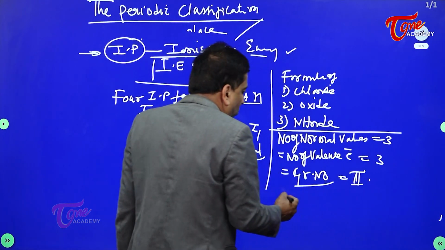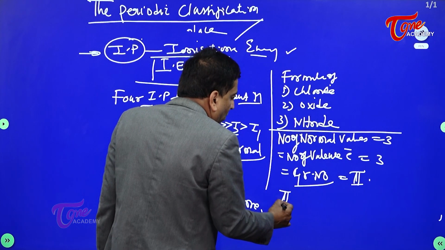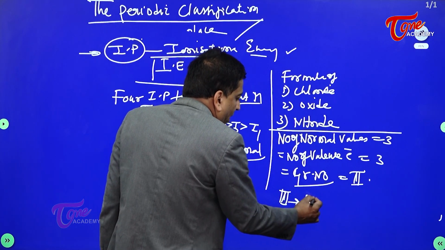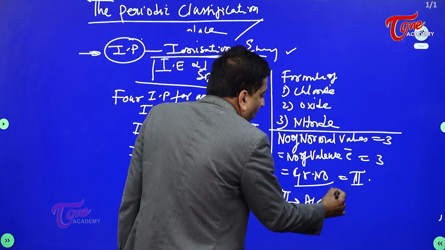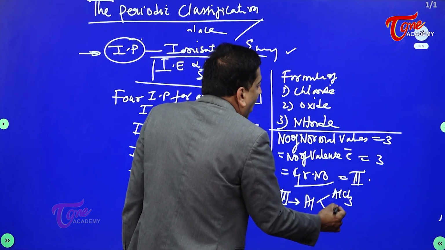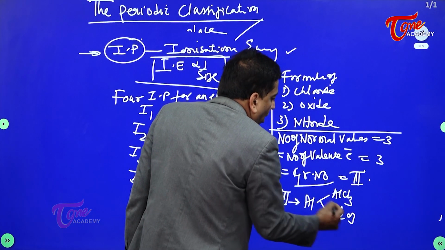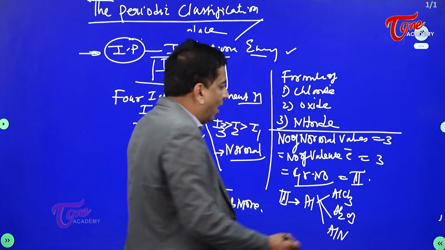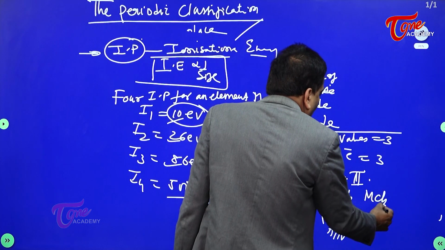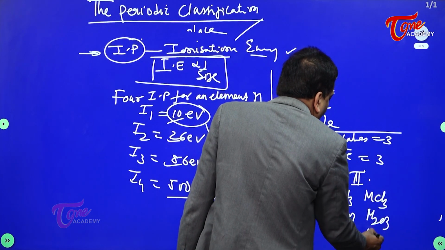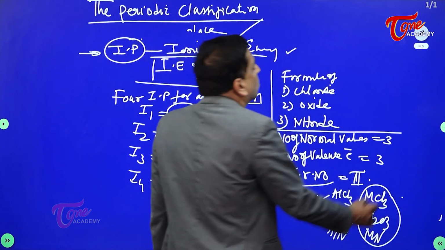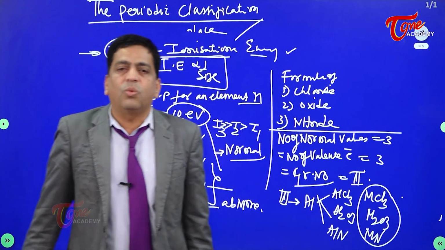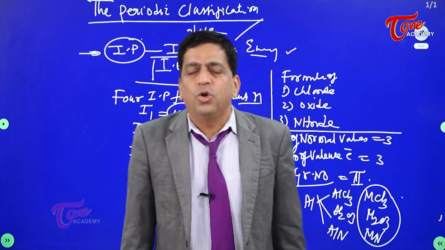An element in group 3 is aluminium, so the aluminium chloride formula will be AlCl3, the oxide is Al2O3, and then AlN. So in case of M, it is MCl3, M2O3 and MN. These are the answers you must understand, and the fourth value seems abnormal.